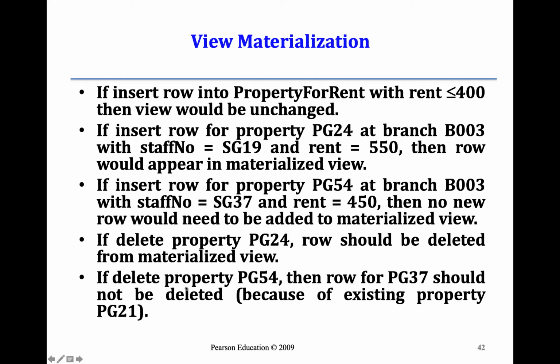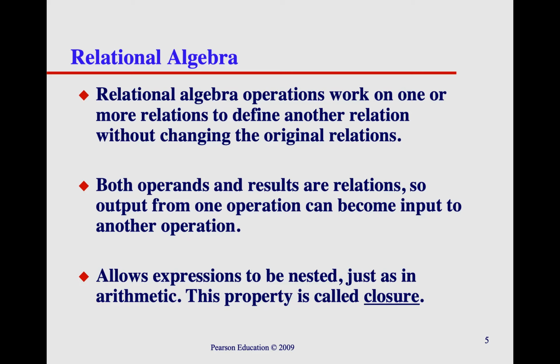So the output from one relational algebra operation can become the input to another one, which is critical since, remember, it was devised so that you could create a list of relational algebra operations to satisfy a query. This property is called closure, meaning that any of the relational algebra operations that you perform will themselves produce a valid relation.